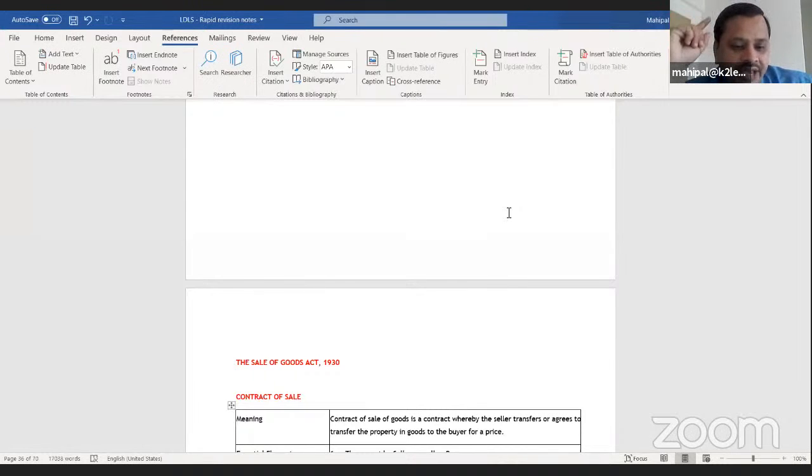Number one, the buyer of the goodwill can stop the seller of the goodwill from carrying on the similar business in the specified local limit for a reasonable period of time. Number two, in a service agreement, the employer can stop the employee during the tenure of employment to render the similar services at some other place. And after quitting, he should not do it within the specified local limit or a reasonable period of time.